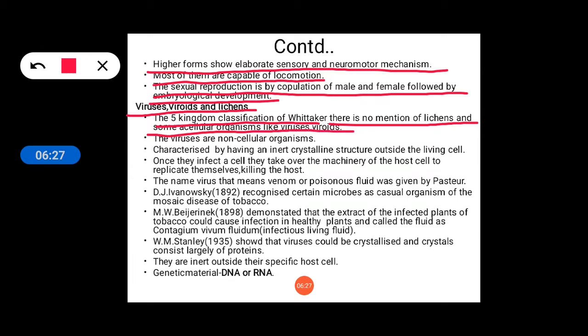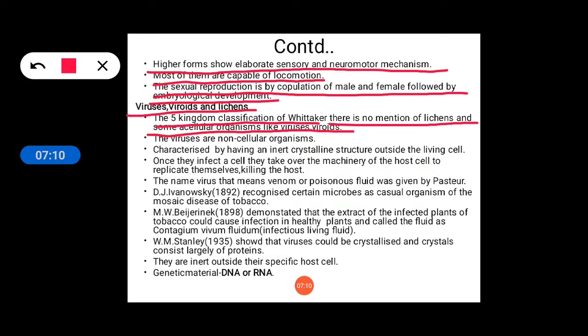We studied the five kingdom system of R.H. Whittaker. The five kingdoms are Monera, Protista, Fungi, Plantae and Animalia. R.H. Whittaker did not mention lichens and some acellular organisms like viruses and viroids. That means lichens, viruses and viroids are not placed anywhere in the five kingdom classification.